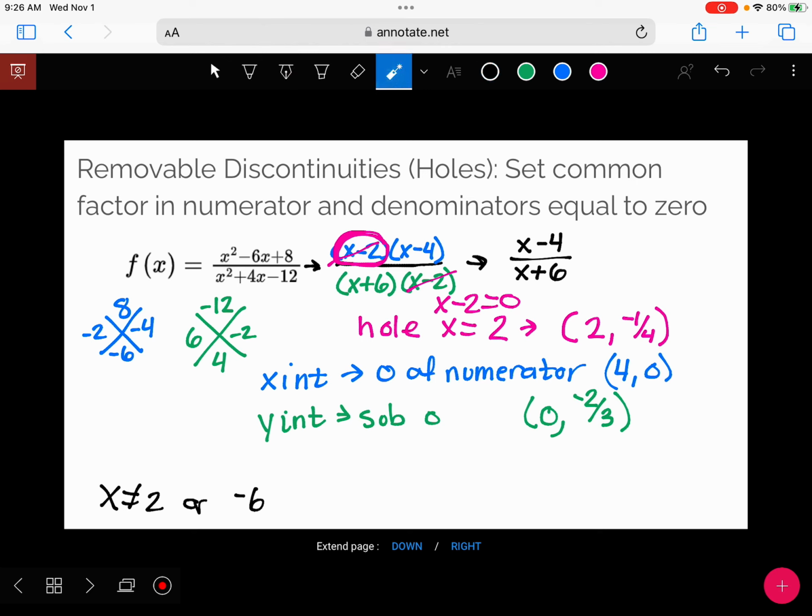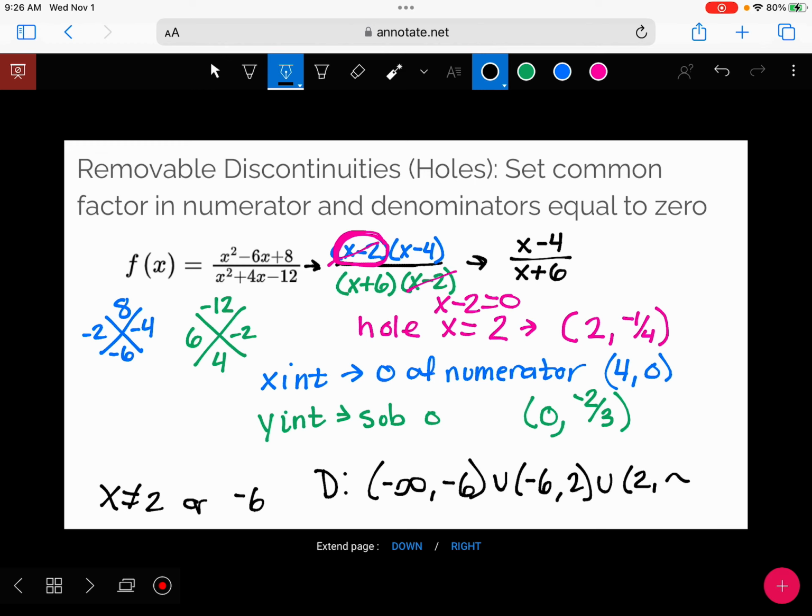Because we're going to have a hole at 2, it's not going to be a huge deal there, but for our listing, we have to include it. So our domain is going to be from negative infinity to negative 6, from negative 6 to 2, and from 2 to infinity.